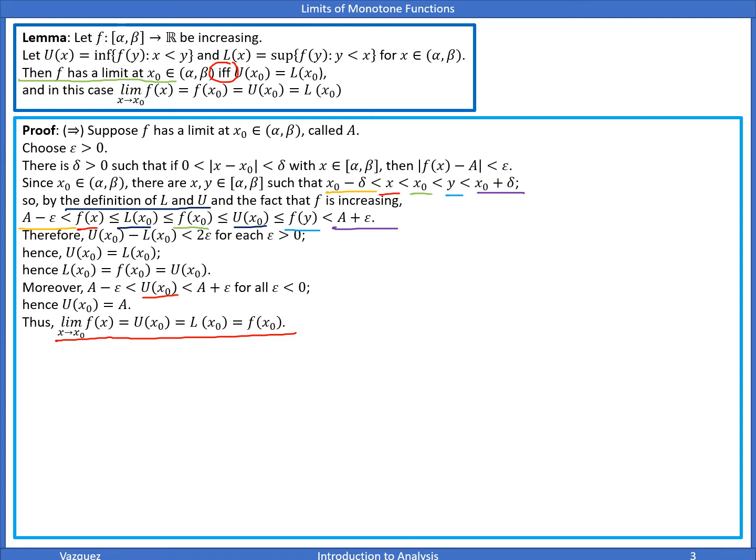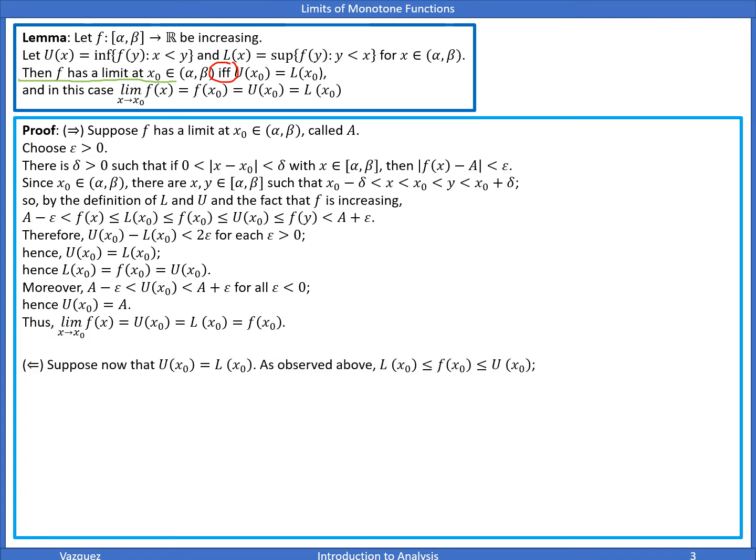And again, I'm just going to erase here to not confuse us anymore, as we're going to prove the next direction. Now we're going to suppose that U of x naught is equal to L of x naught. And as observed, we have this here.